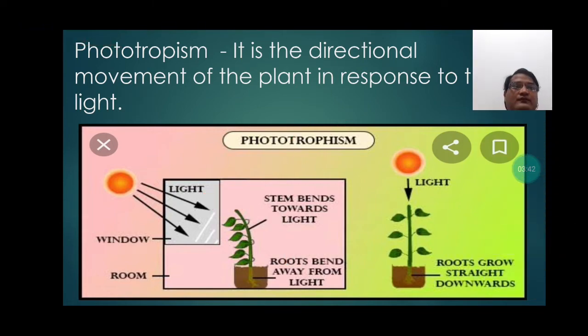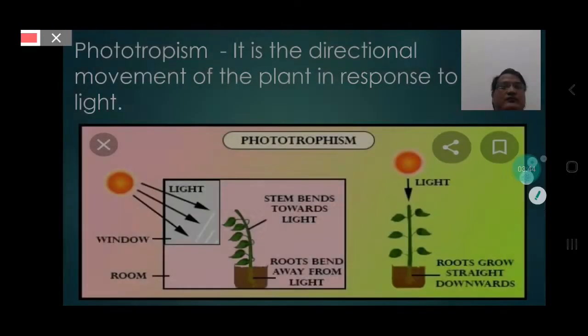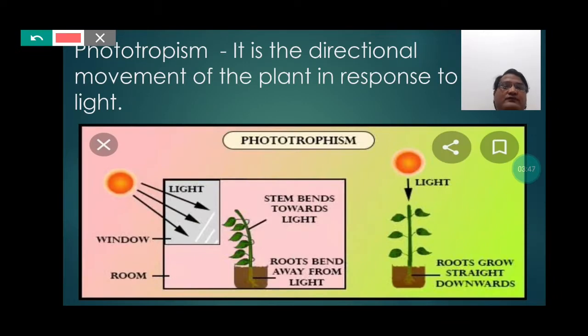Students, phototropism also can be of two types.